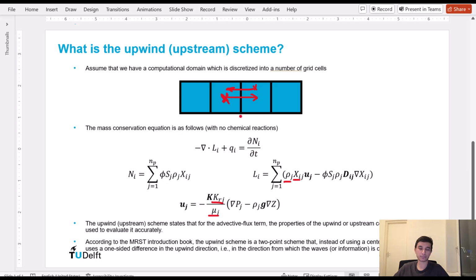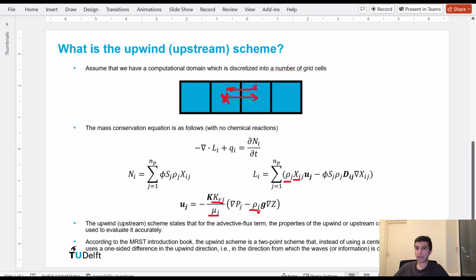All right, perfect. But the point is that, as you probably noticed, I didn't talk about this density because we actually have to use the centered scheme or the average scheme to evaluate phase density in this part of the advective term.